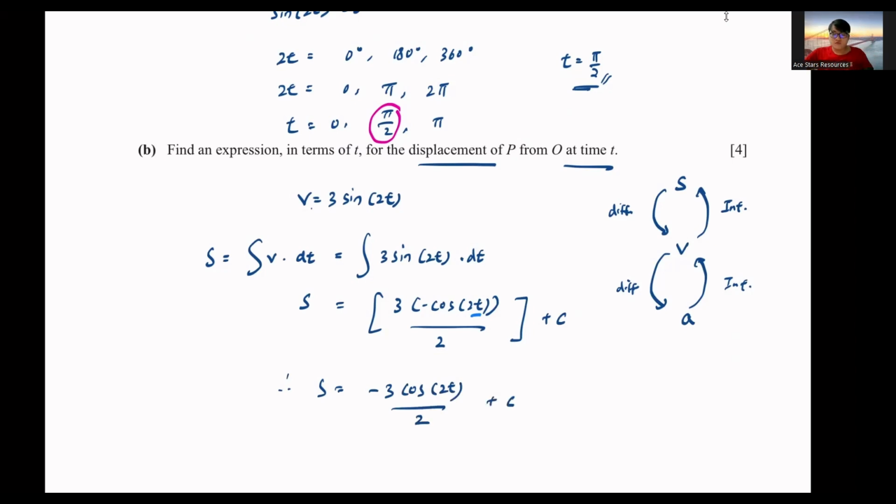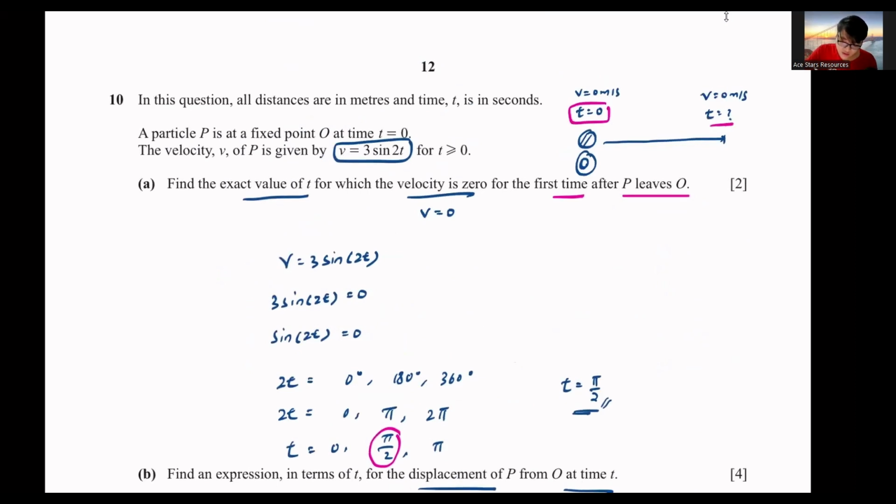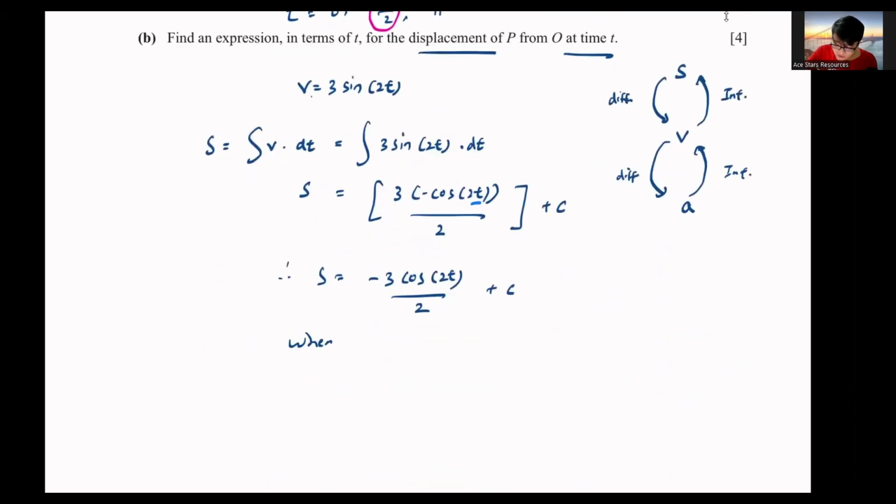One piece of information that we have is the particle is at O when time equals 0. At O is where everything started, so the displacement will also be 0, right? So when s equals 0, time is also equal to 0 seconds.